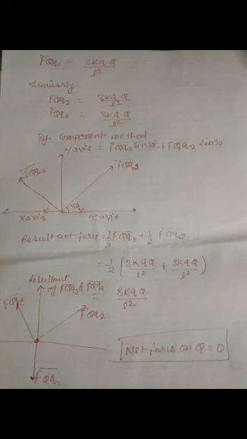So what we get is 3kqQ upon L square. This is the expression of the resultant of the forces FQQ3 and FQQ2.